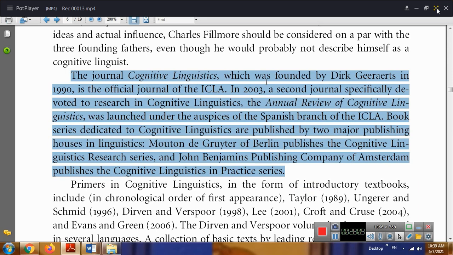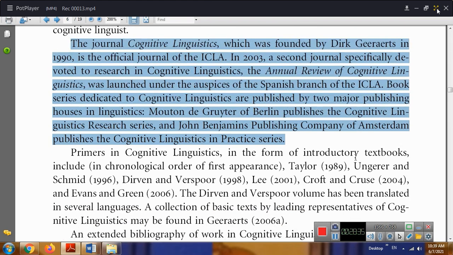The journal Cognitive Linguistics, which was founded by Dirk Geeraerts in 1990, is the official journal of the ICLA. In 2003, a second journal specifically devoted to research in cognitive linguistics, the Annual Review of Cognitive Linguistics, was launched under the auspices of the Spanish branch of ICLA.